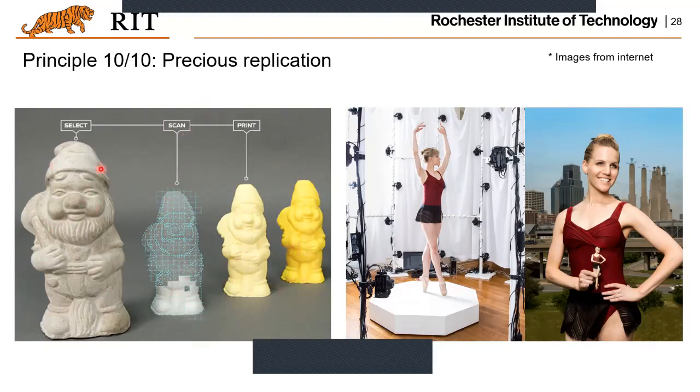Compared to the original one, it is a very precise replication. Some businesses are actually based on this, like the one shown here, where this young dancer is 3D scanned and then a statue is printed for her. So that could be an enabler of business.